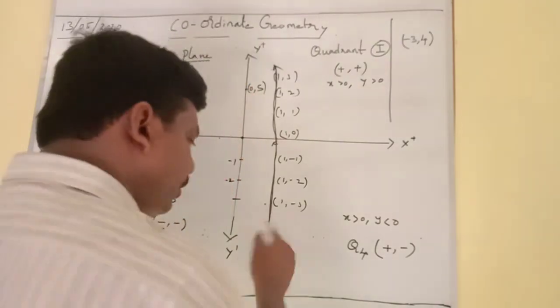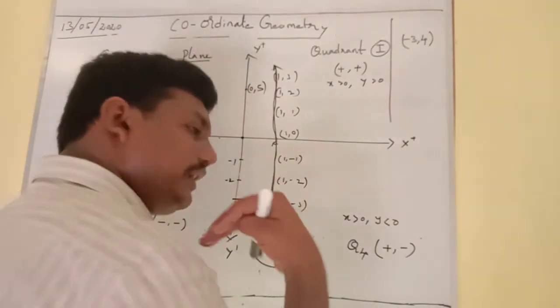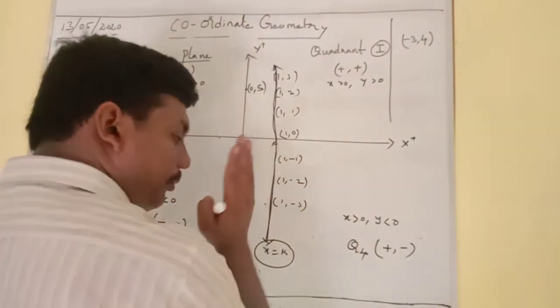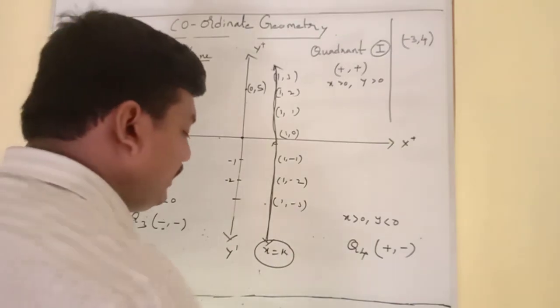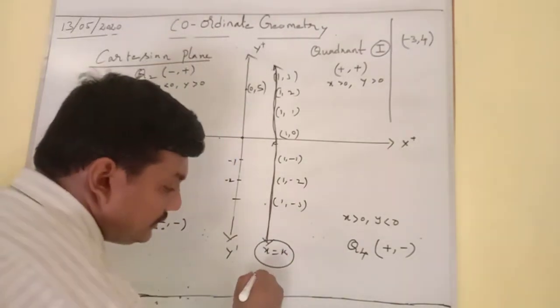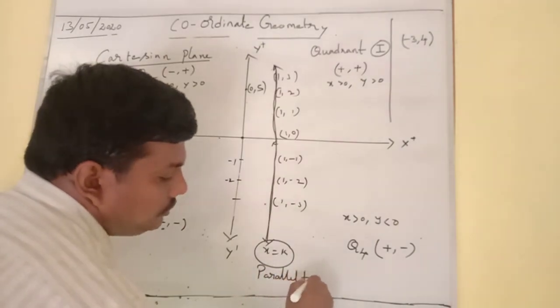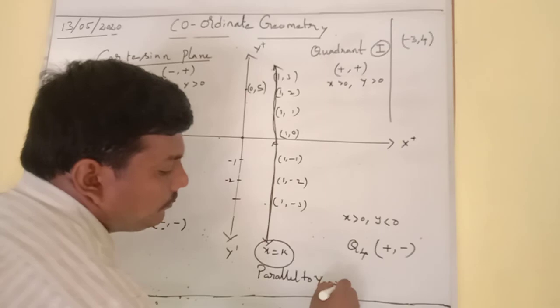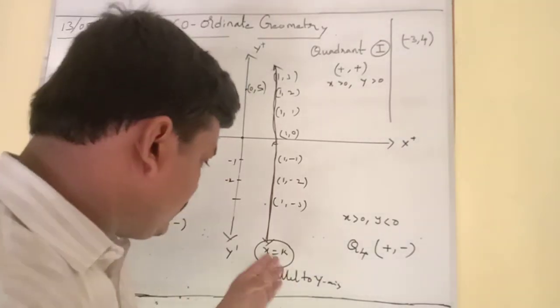If you take any point with x as 1, y can be any value, and the point is still on this line. That's why x = k is parallel to the y-axis. The equation of a line parallel to the y-axis is x = k.